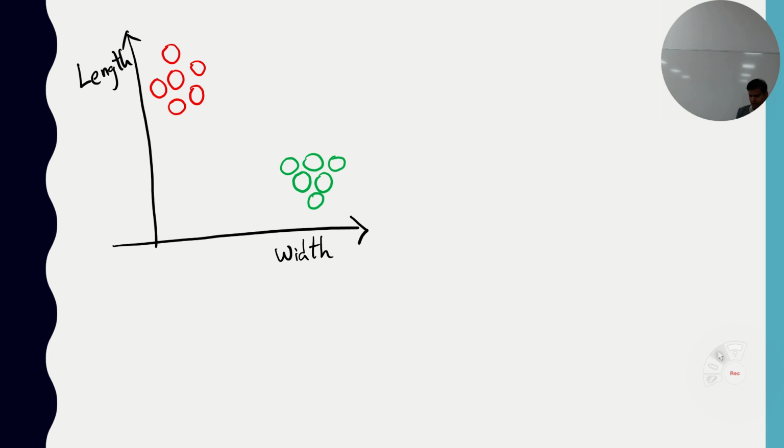Let's consider this as our locust, and let's consider this as a ladybird. So we are going to see the difference here: width versus length for, say, a garden bug. So we have to see how we are going to classify the same thing.